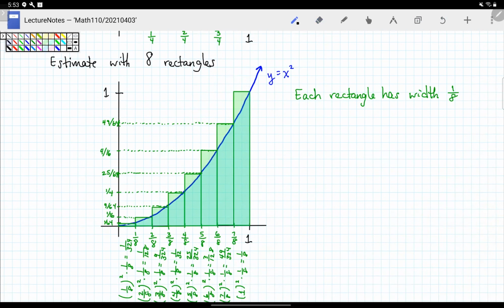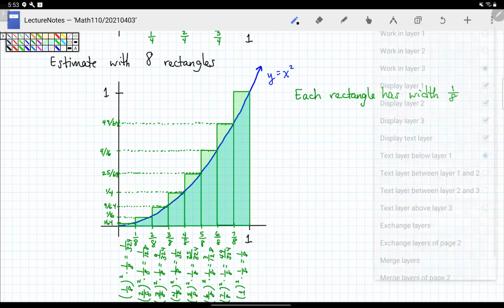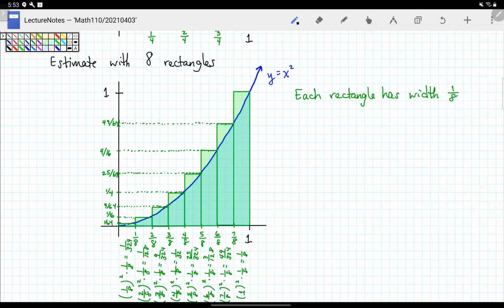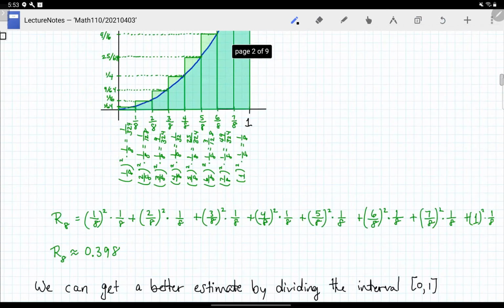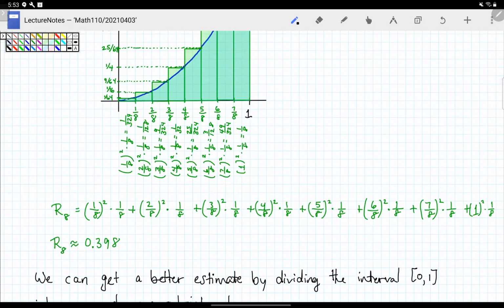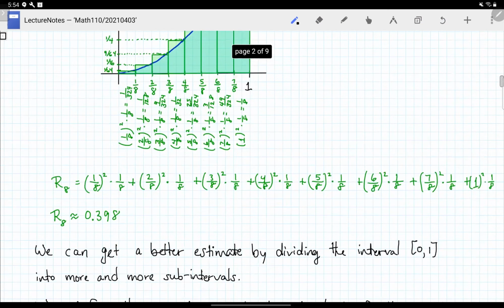Now, something you might be asking yourself is, why are we always taking the rectangle heights from the right endpoint of each subinterval? And does it matter if we take the heights from the left endpoint or from some other point in the interval? So let's address this. So let's just keep in mind, with 8 subintervals, we got an estimate of 0.398.